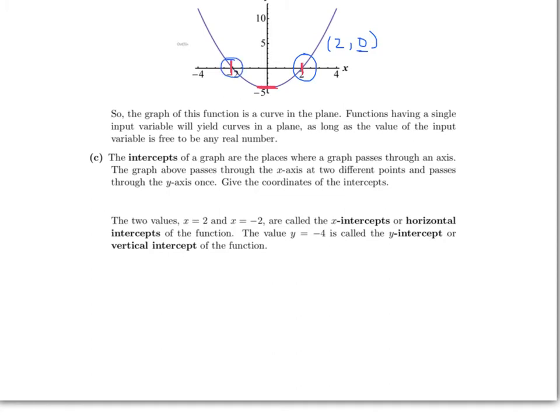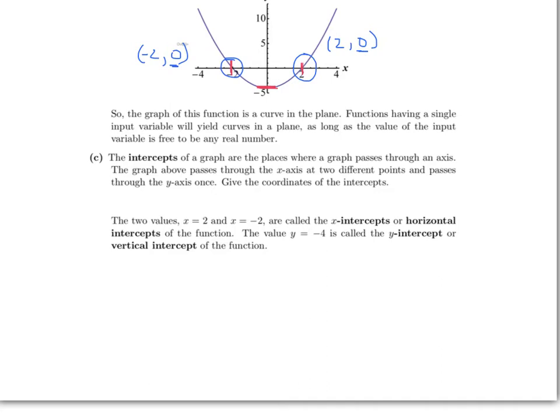Now let's look at the other x-intercept, x equals negative 2. If we look at the coordinates of that point, the input is negative 2 and the output is 0. So once again, the output value is 0. There's a lesson to be learned here. If you want to calculate the x-intercepts, or the horizontal intercepts of a function, you have to look at the input values that cause the function to have an output of 0.